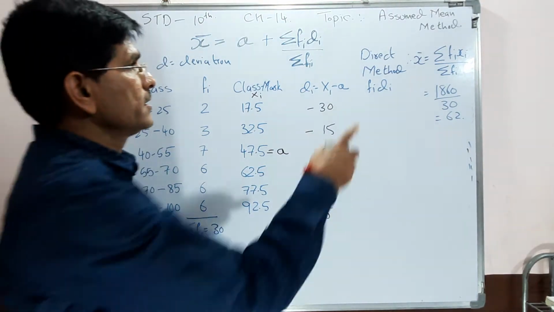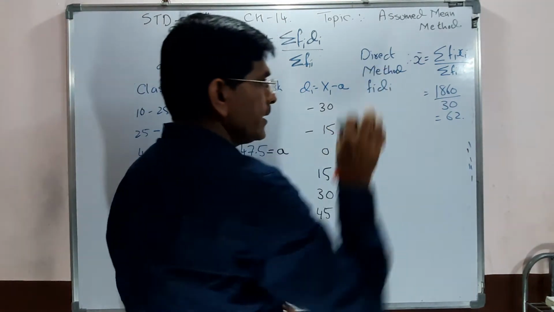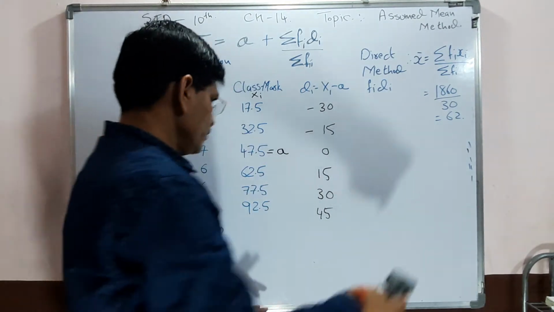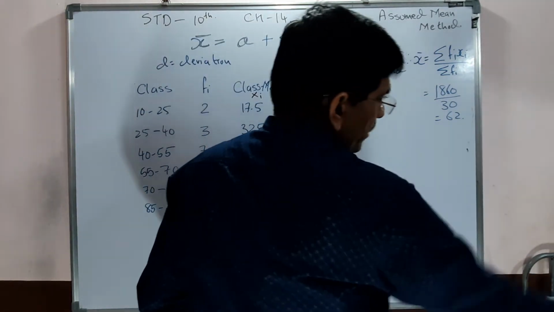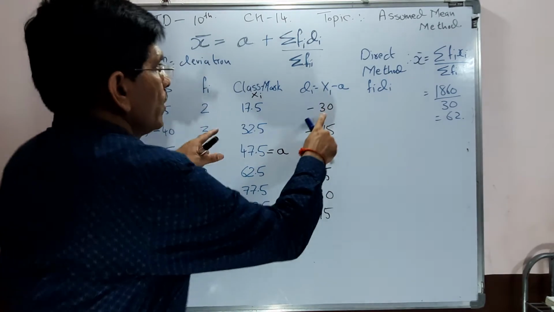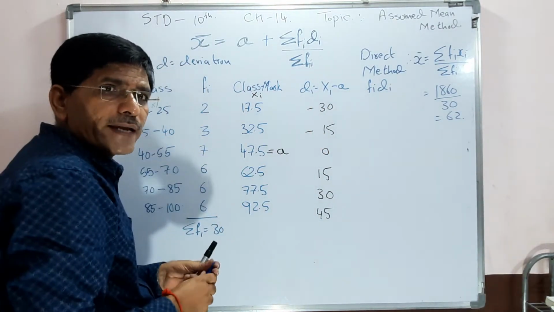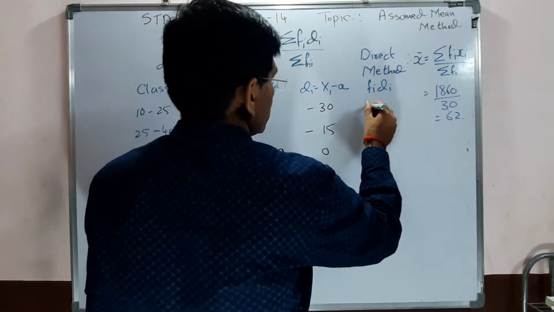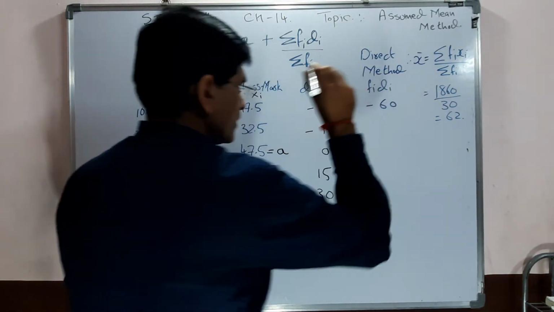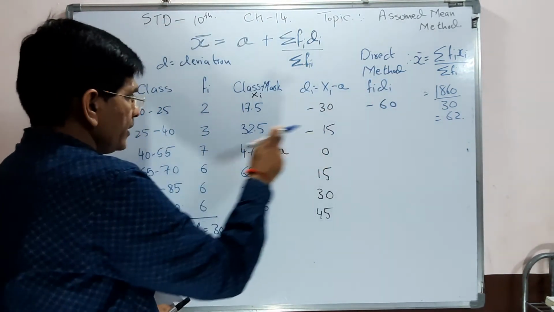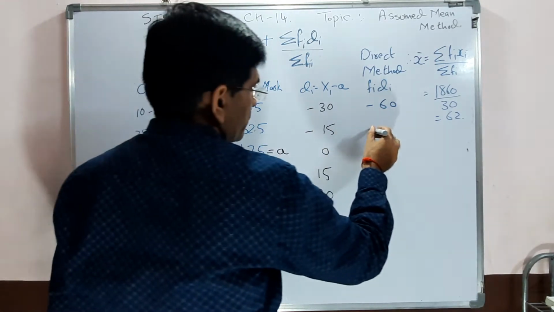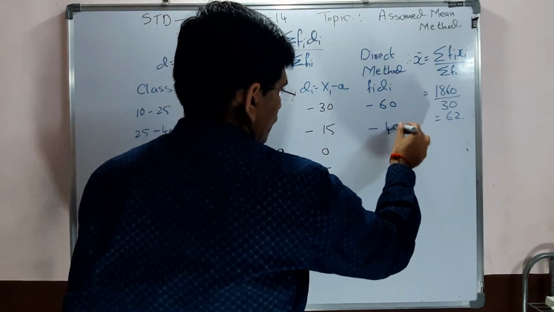Now next, what do we have to do? Find fi di. How can we get fi di? So f into di, that is 2 into minus 30, that is minus 60. Again 15 into 3, that is minus 45.